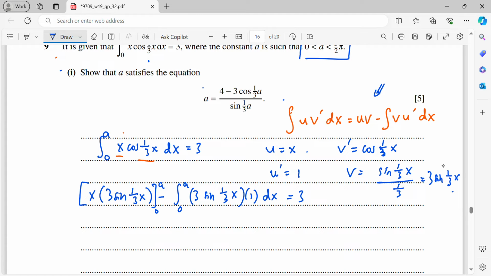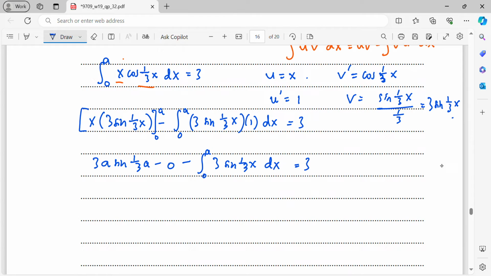Okay, so you replace the x by a first. So that means I'm getting 3a sine 1 over 3a minus, when the x is replaced by 0, you get 0. Then now minus integrate 3 sine 1 over 3x. So when you integrate sine, that is minus cos.